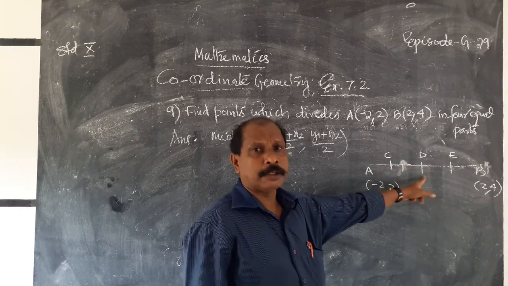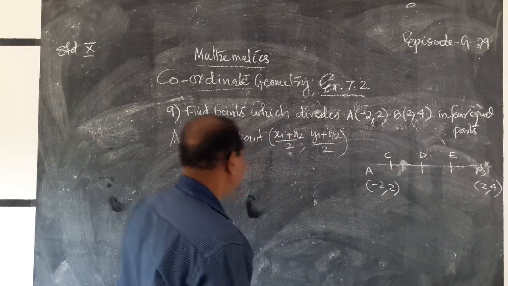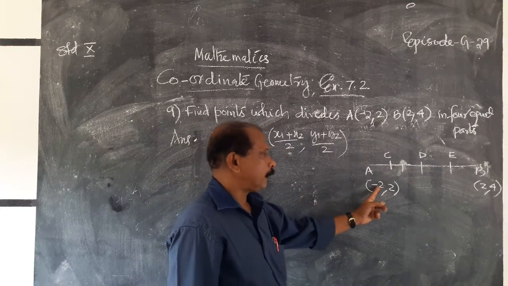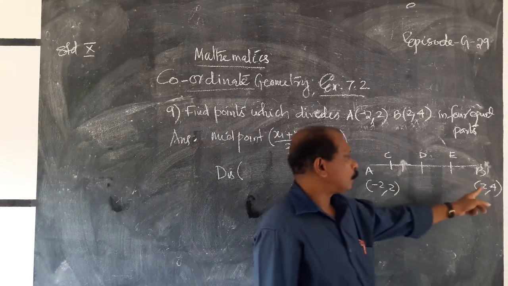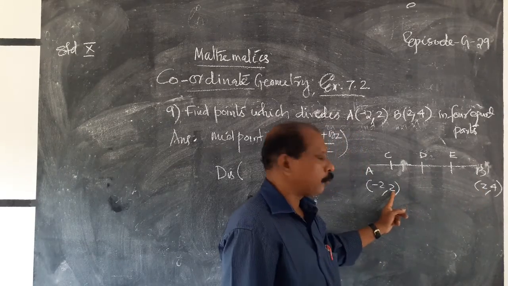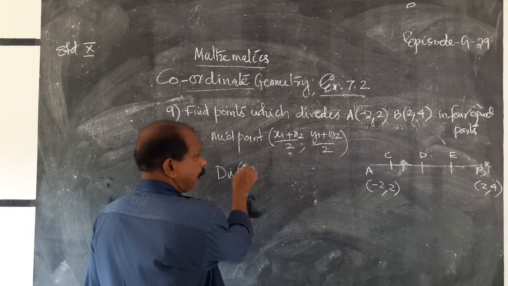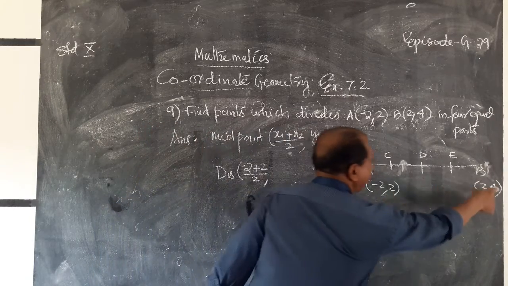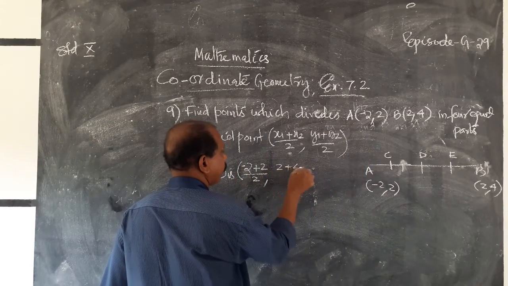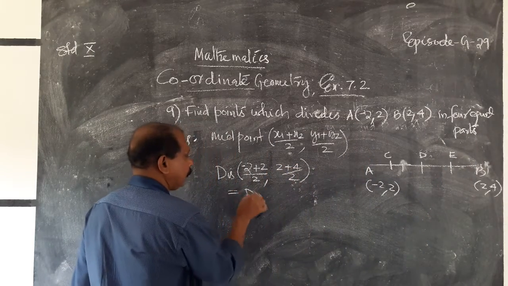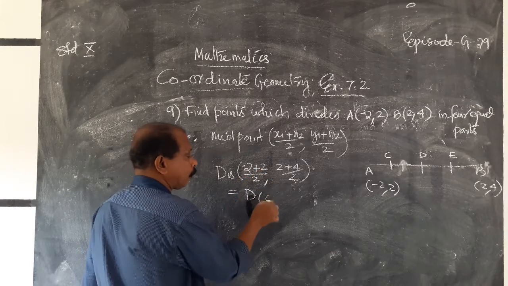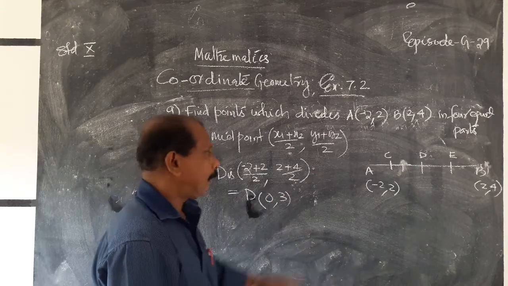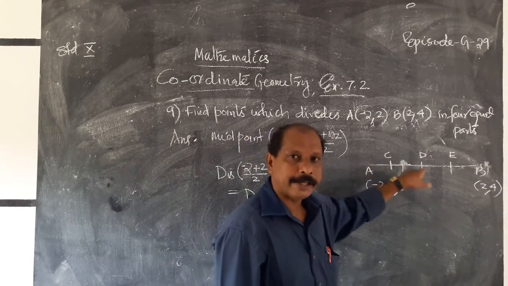Therefore, first of all, we find D. x1 is minus 2, x2 is 2, y1 is 2, y2 is 4. That is (minus 2 plus 2) by 2, comma, (2 plus 4) by 2, is equal to D. Minus 2 plus 2 is 0, 0 by 2 is 0. 2 plus 4 is 6, 6 by 2 is 3. That is D. Then we know that C is the midpoint of AD.